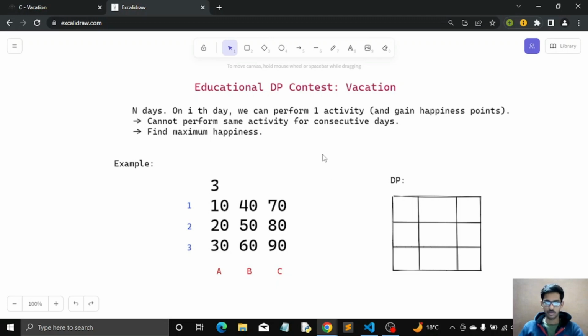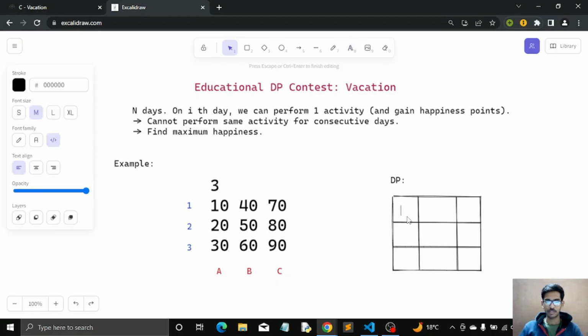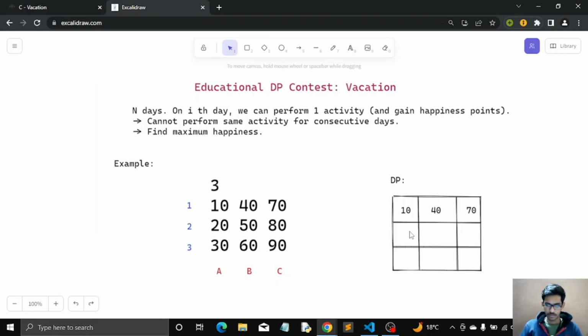So the first row will be the same as the first row in the input, which is 10, 40, and 70. After this, we need to start filling the remaining cells in our table starting from day 2.